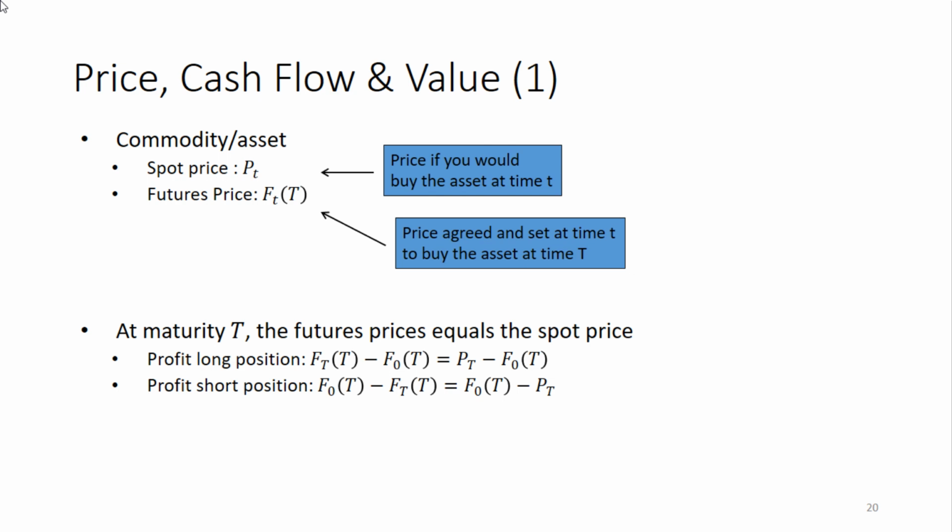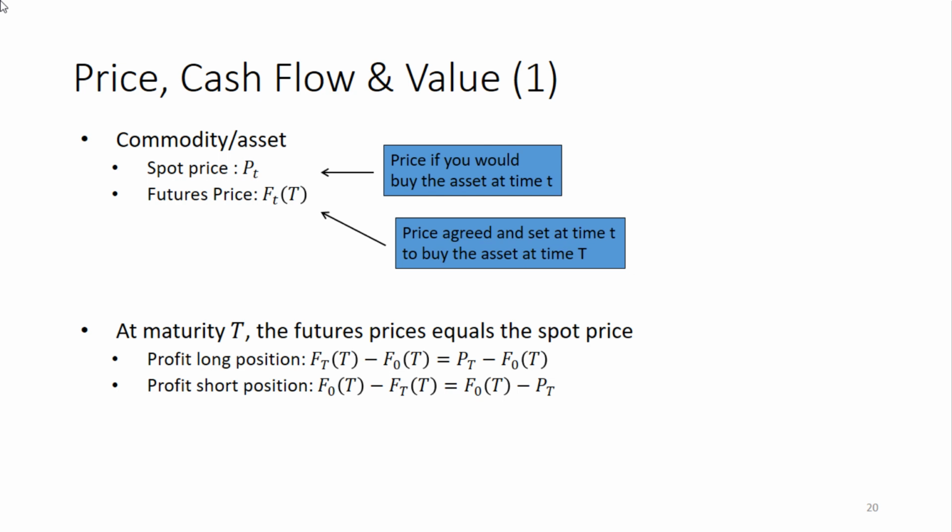So I agreed that I could buy the asset for 100. The actual price in the market is 120. Originally this contract had a value of 0, but now at time capital T, the value has become 120 minus 100, which is 20. The same applies for a short position.